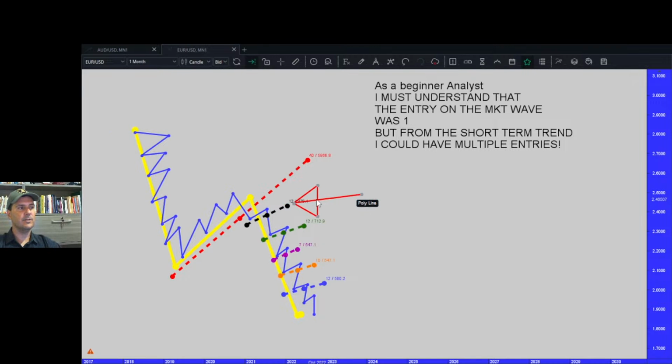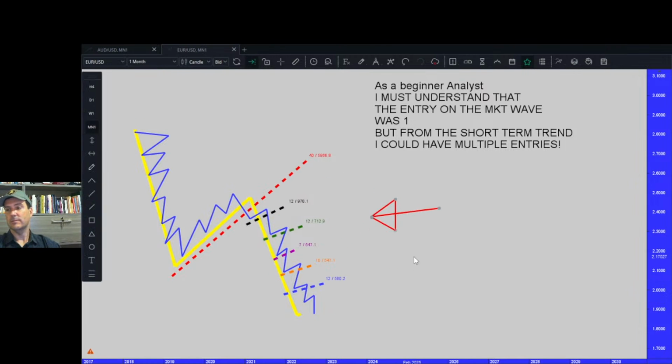You can enter at the black, at the green, at the violet, at the orange, but you must be aware that you are not trading the yellow one anymore, because the entry on the yellow one was the red one, but you can enter the blue.